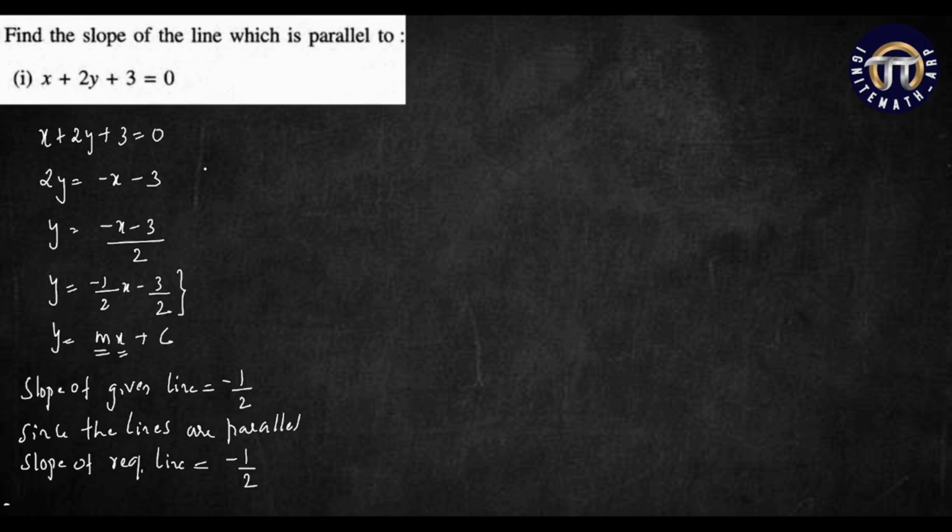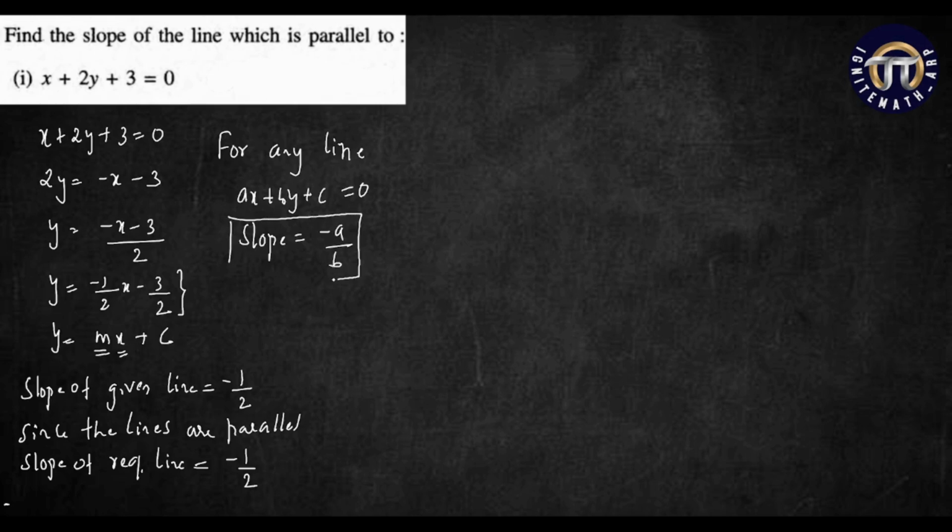Clear, children? I'll just tell you a shortcut method of finding the slope for any line. Listen to me. For any line of the form ax plus by plus c equal to 0, the slope is always given by minus a by b. In the sense, minus of the coefficient of x by the coefficient of y. If you do it directly, you will get the slope.